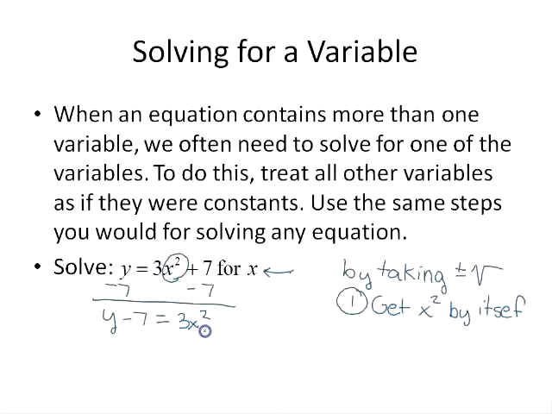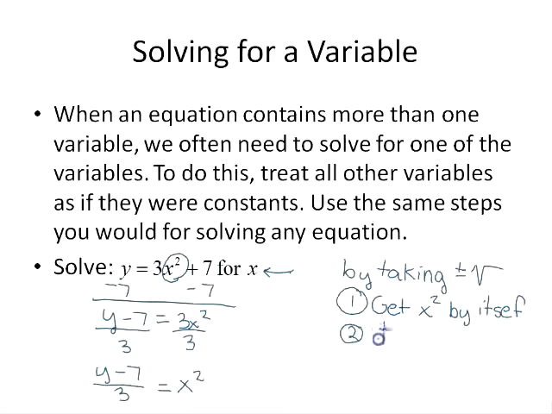So that gives me y minus 7 equals 3x squared. Then I need to divide by 3. So I have (y minus 7) divided by 3 equals x squared.